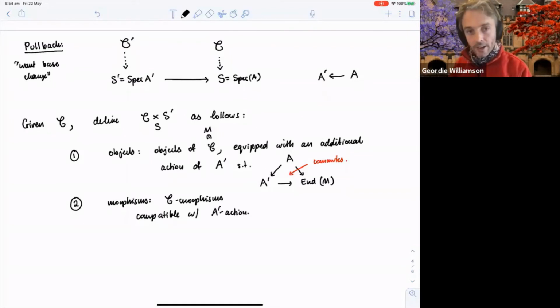And the exercise that I got horribly confused on, but Emily solved. For some reason, I thought this thing wasn't abelian, but exercise: C prime is abelian.